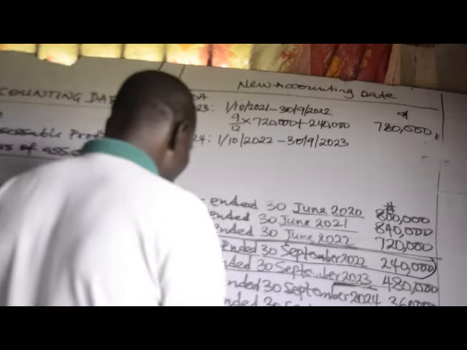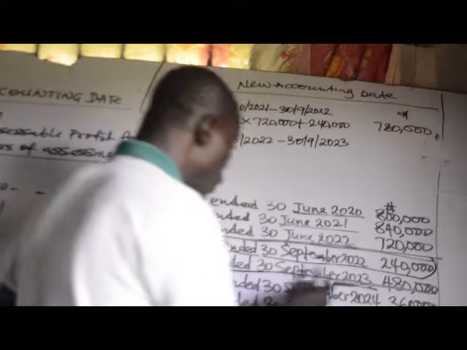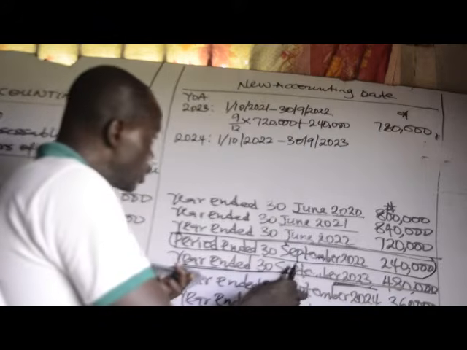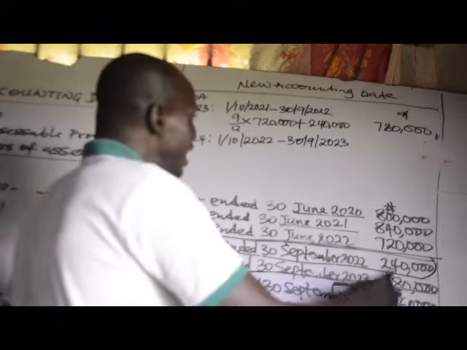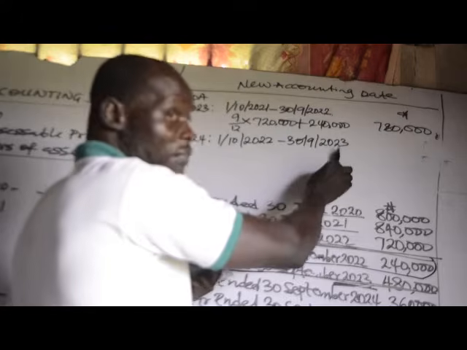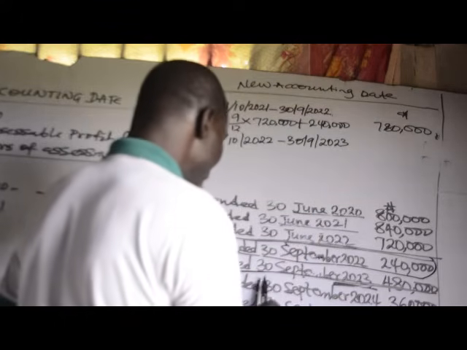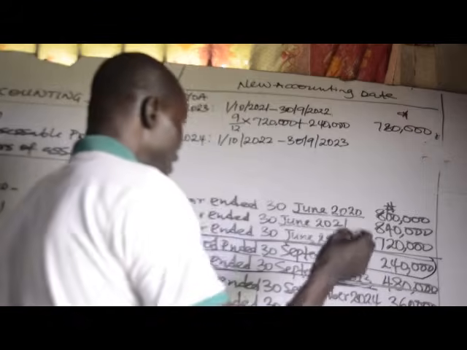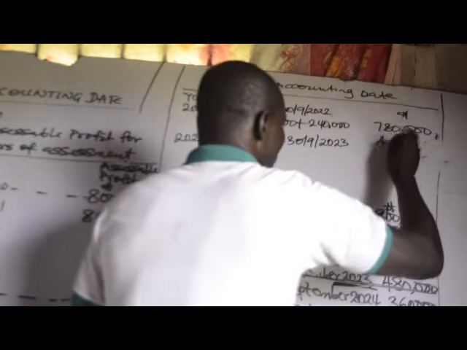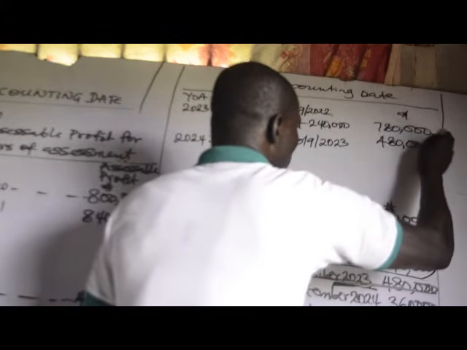This is 12 months profit from October 2022 to September 2023, which is in line with the basis period for 2024 year of assessment as identified here. Therefore, the profit is 480,000 naira.